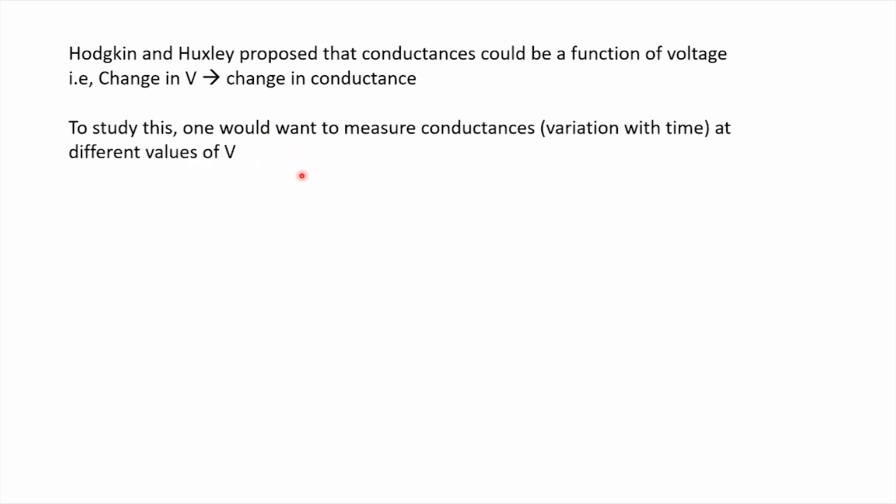So if we could keep the voltage at a particular value, and then measure conductances at that value of the voltage, then we could understand the dependence of the conductance on voltage. But the problem is that as soon as the conductance changes, it in turn affects the voltage. So it is very difficult to maintain a steady voltage while the conductances are changing.